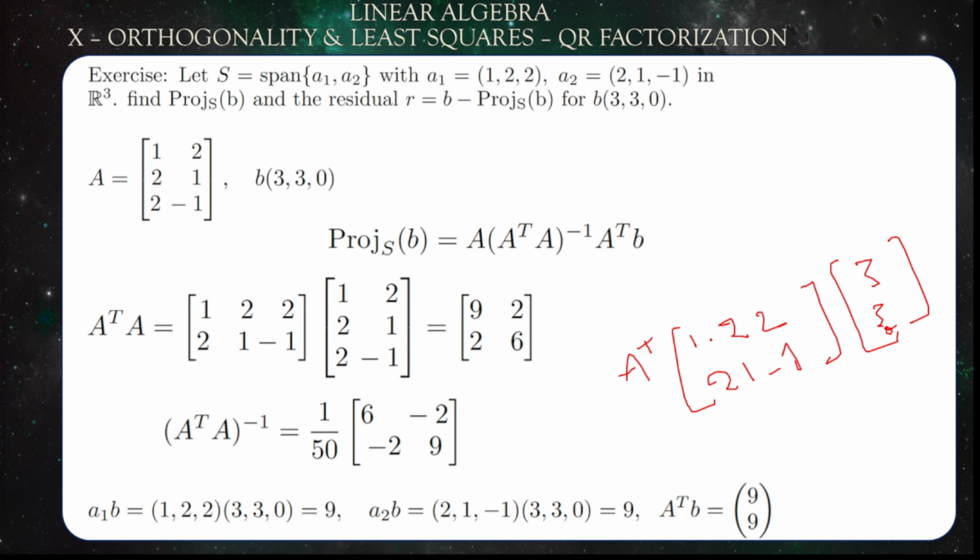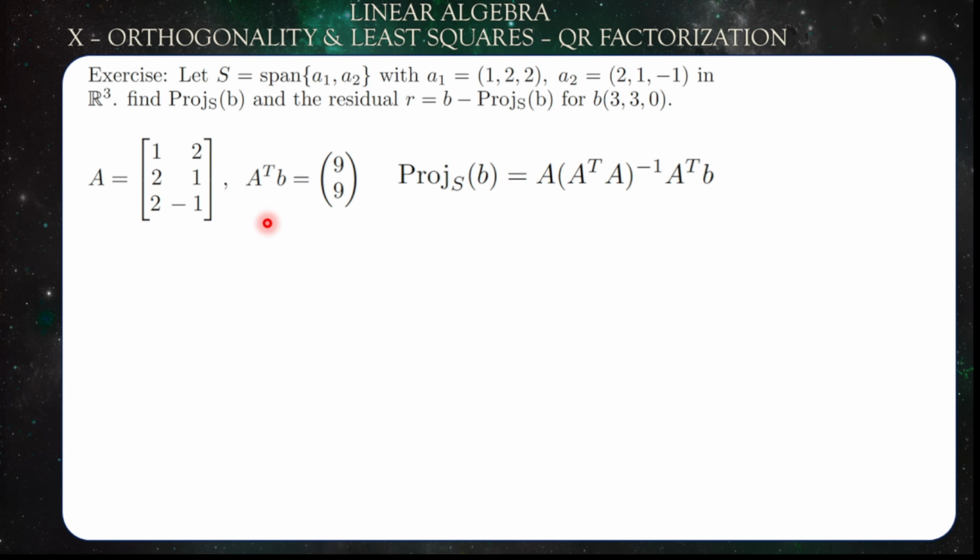A1 times B gives you 9, and A2, the second row in the transpose, multiplied by B gives you 9. So A transpose B is equal to [9, 9].